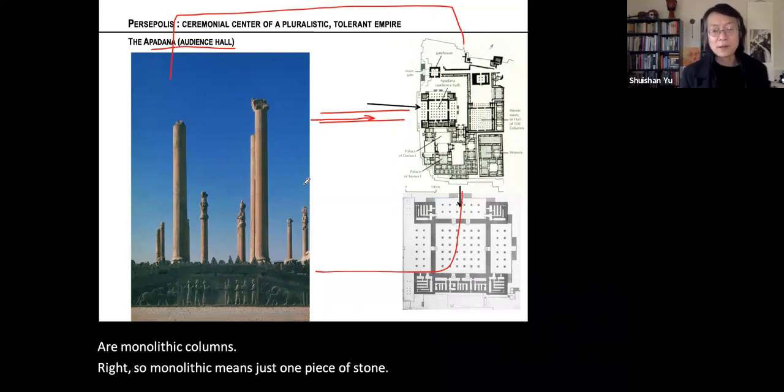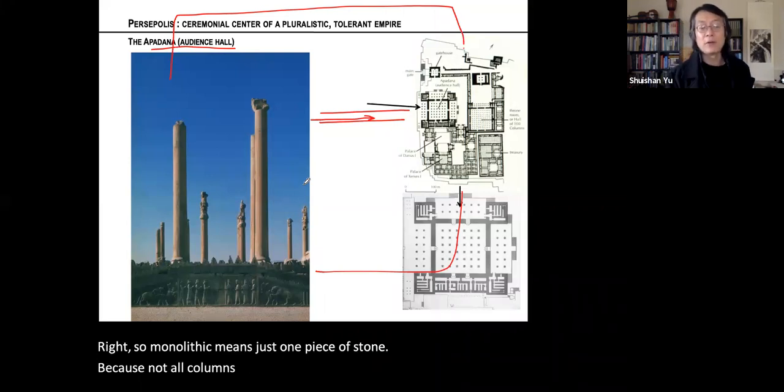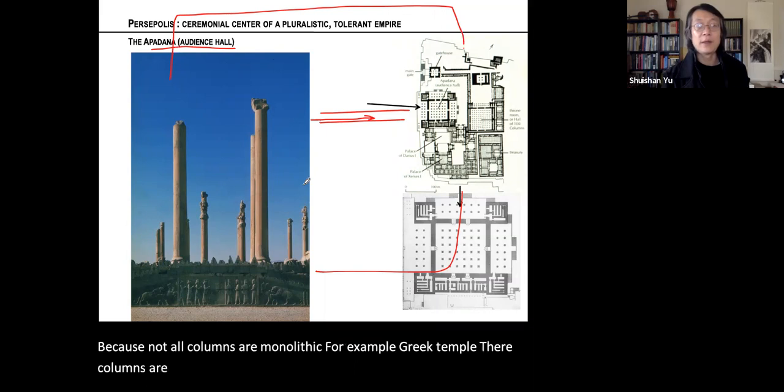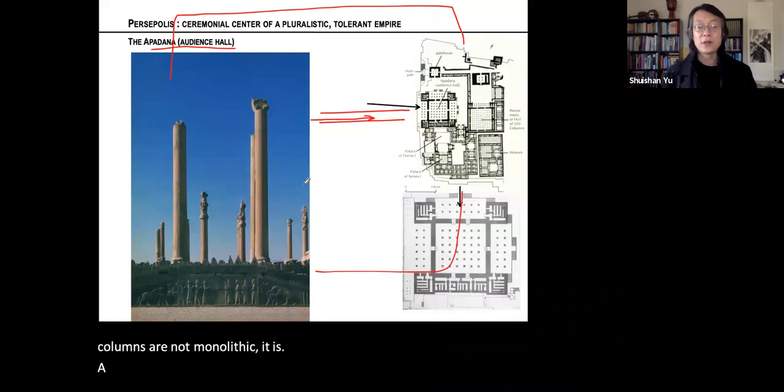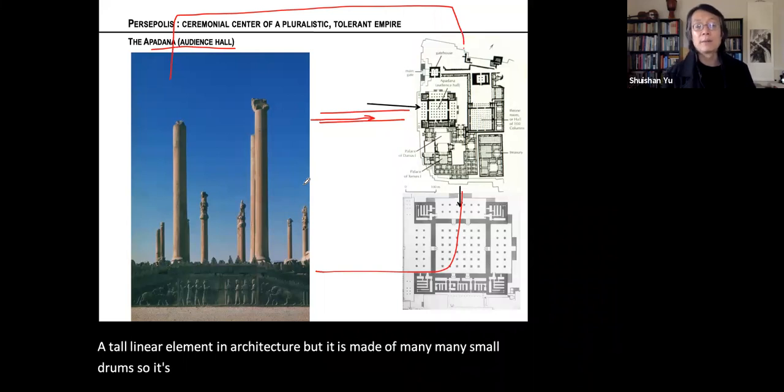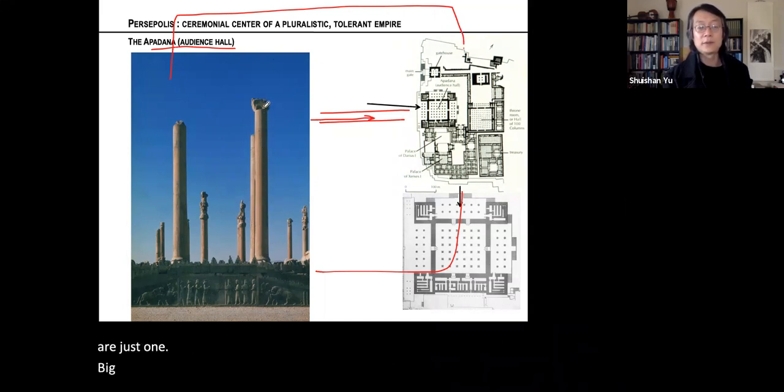Not all columns are monolithic. For example, in a Greek temple the columns are not monolithic. It is a tall, linear element in architecture, but it is made of many, many small drums. So it's not monolithic. But at Persepolis, these columns are just one big piece of stone. So it's much more difficult to craft compared to the Greek temple.